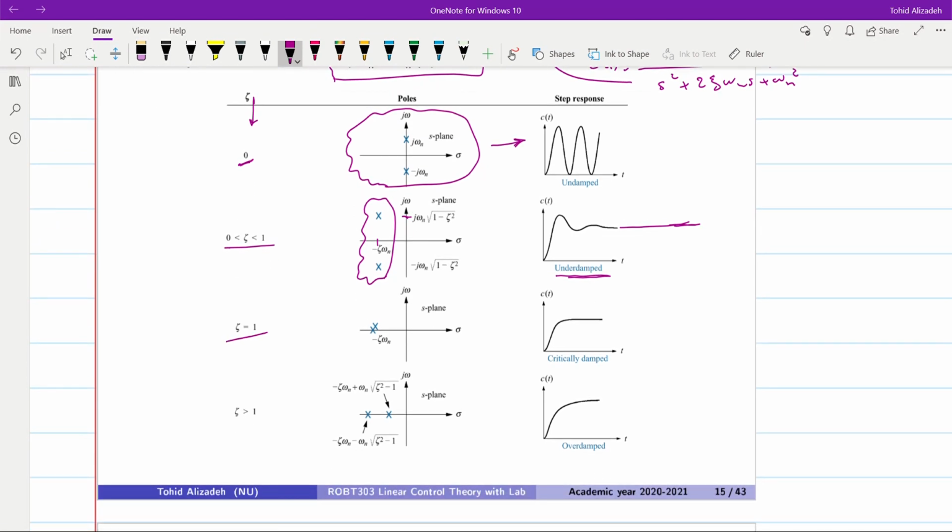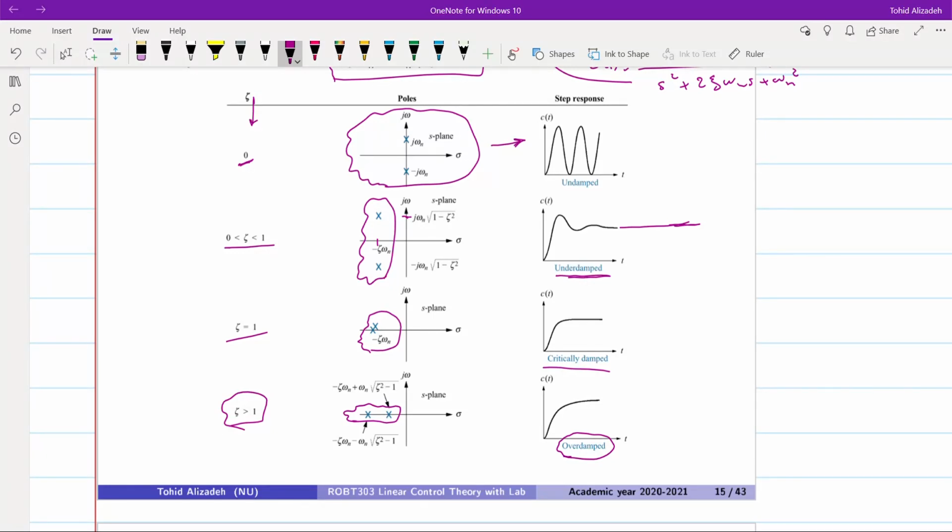When zeta is equal to 1, we have two poles at the same position, minus zeta omega n, and you can see the critically damped response for the system. And finally, when zeta is bigger than 1, we have the overdamped case. For the overdamped case, we have two distinct poles on the real axis with negative values, of course, and you can see how the step response looks.